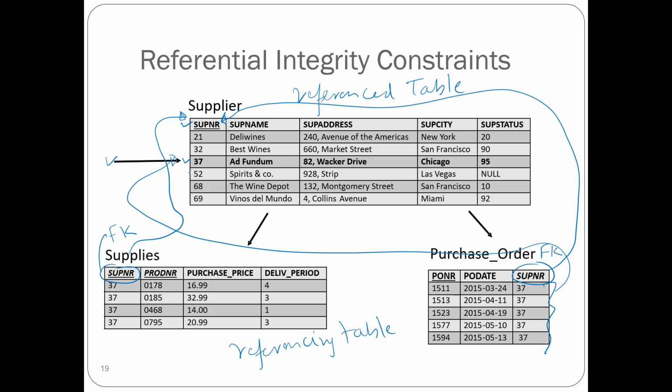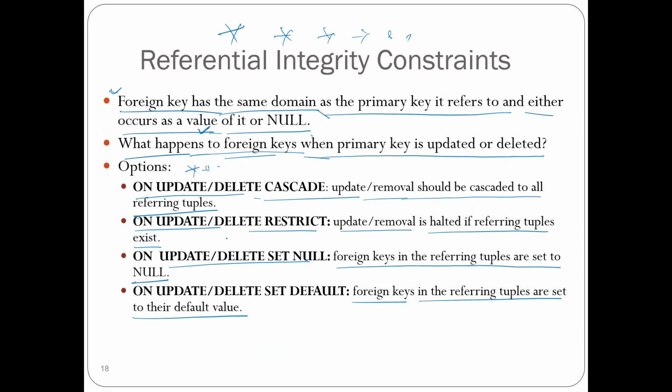So let's start with the first thing, where we want to update this 37 to 40. Okay, so this value we want to update to 40. What are the options available? Let's look at the cascade option first. On update cascade, what does it mean?